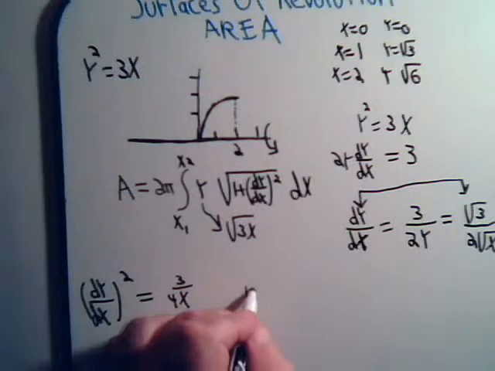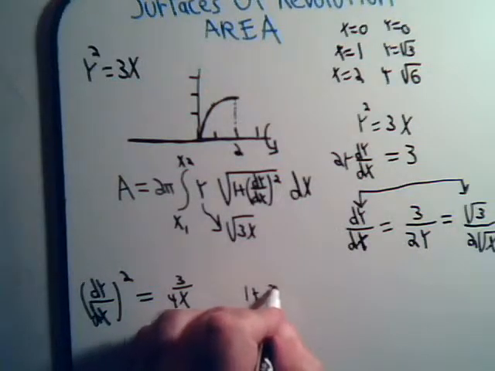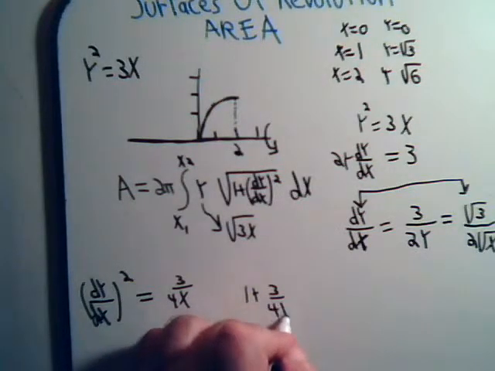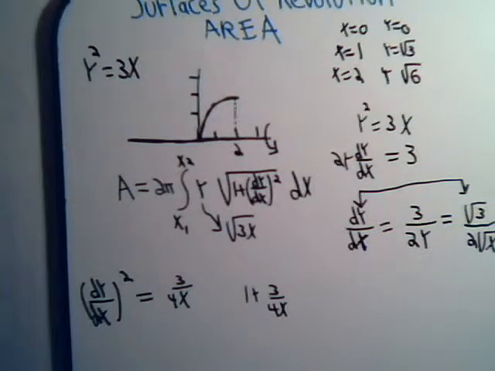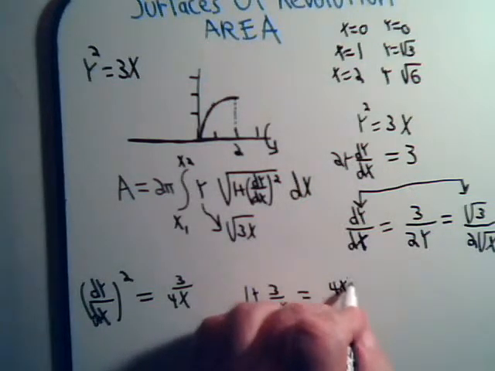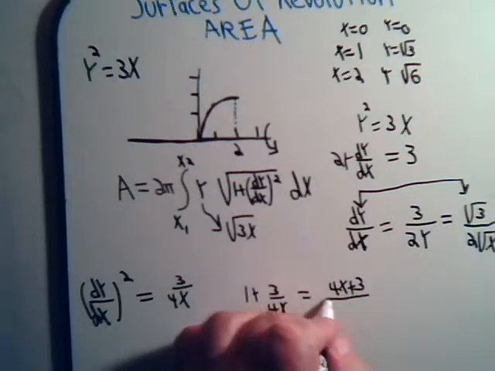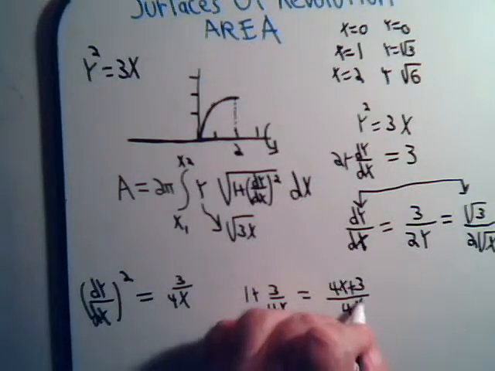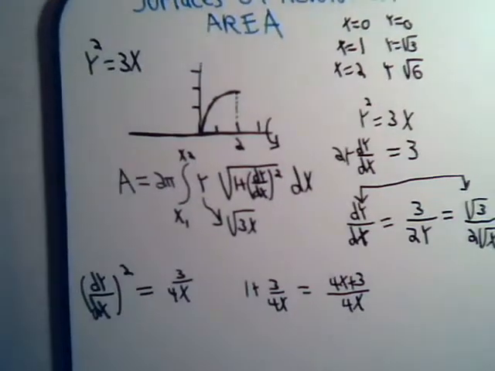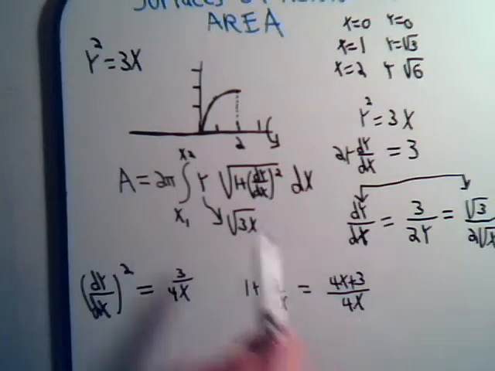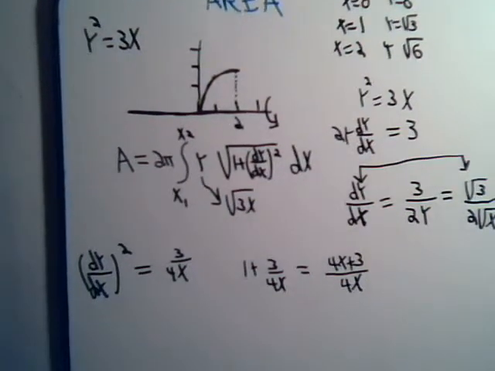So we have 1 plus 3 divided by 4x, which equals 4x plus 3 divided by 4x, inside a square root sign.